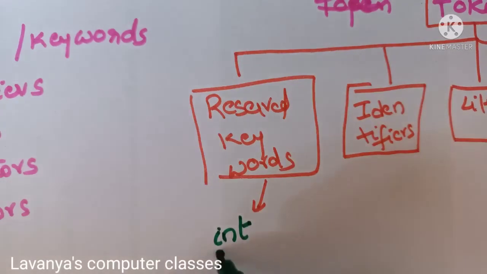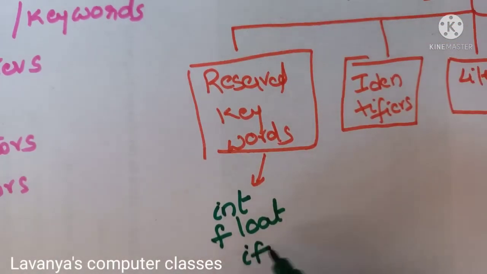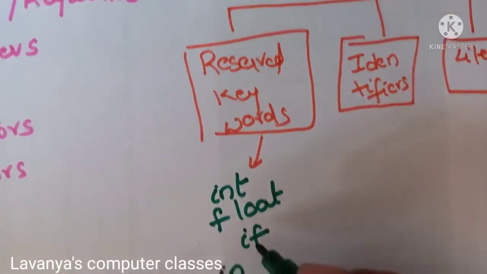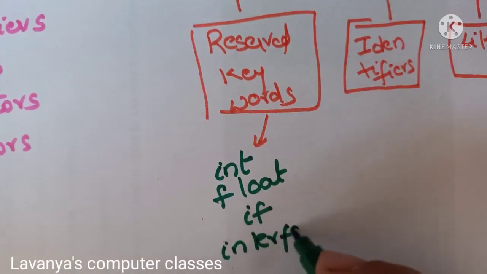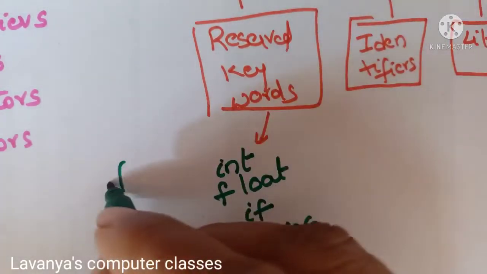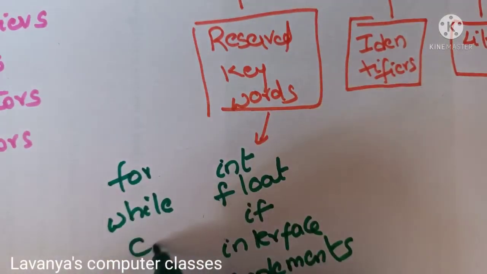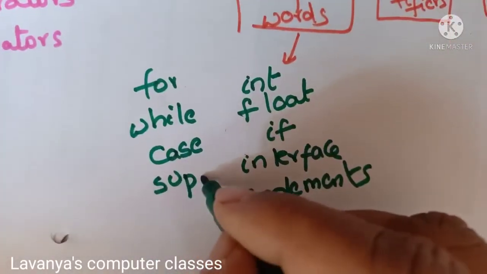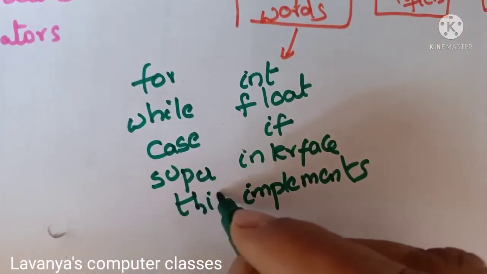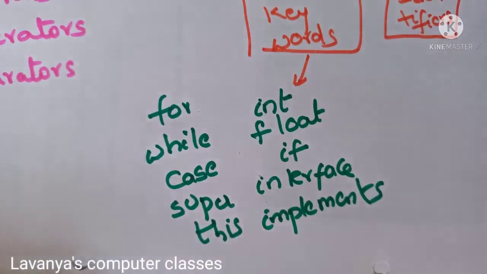Examples are int, float, if, interface, implements, for loop, while loop, case, super keyword, this keyword. Those words have some specific meaning.